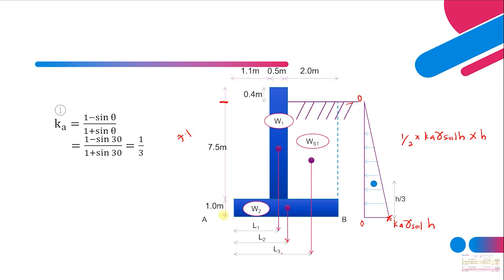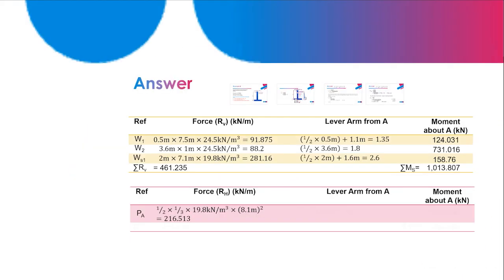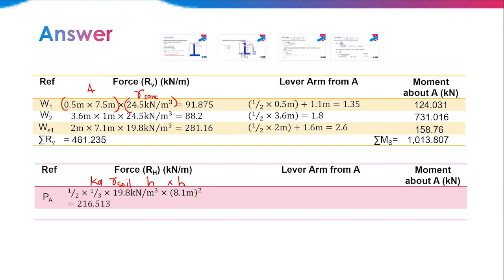Tapi sampai bottom of retaining wall, maksudnya sampai sini you kena tambah lagi 1 meter. So dia adalah 8.1. Itulah height of soil sampai bottom of retaining wall. So it is 8.1. So H darab H maksudnya 8.1 darab 8.1 lah, ataupun 8.1 kuasa 2. So that is 216.513.